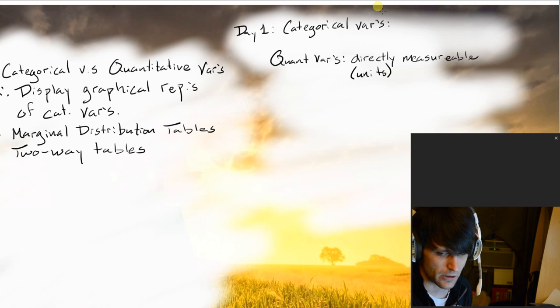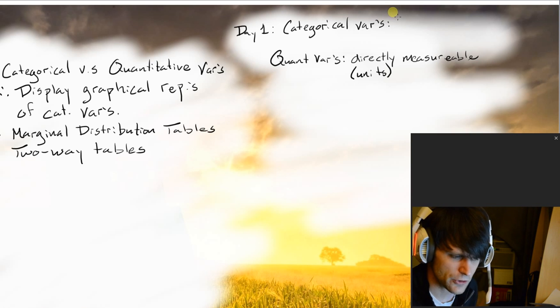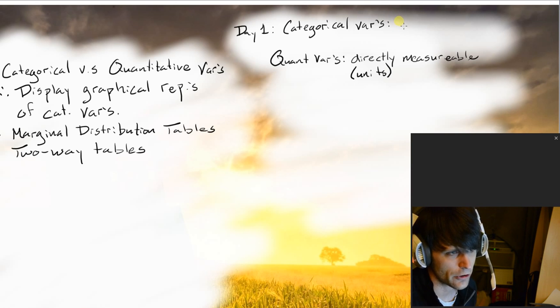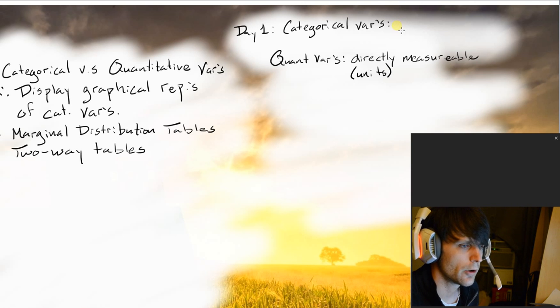It's not like I used a measuring device to see if you really think vanilla ice cream is the best and you rate it as a 10. I just have to take your word at that. So categorical variables are those that we cannot measure directly and or really indirectly, and there's no units that we can use to express the measurement of those variables.